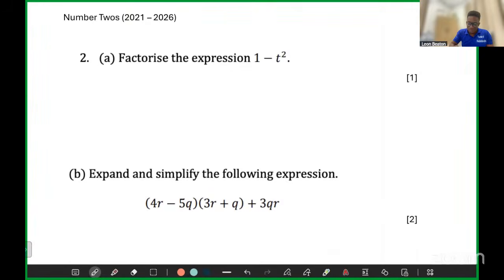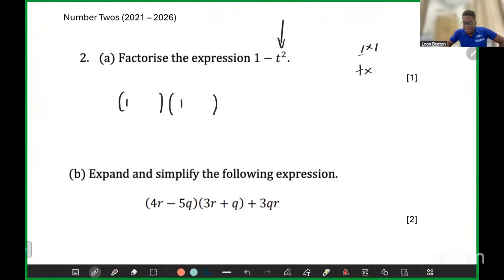So to factorize this, we just open two brackets. In the first bracket, we ask ourselves, what can we multiply to give us 1? We know 1 times 1 will give us 1, so we put a 1 here and a 1 here. The same thing for t squared: what can you multiply by itself to give you t squared?